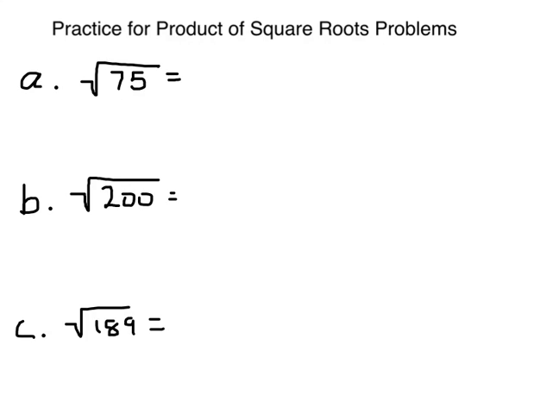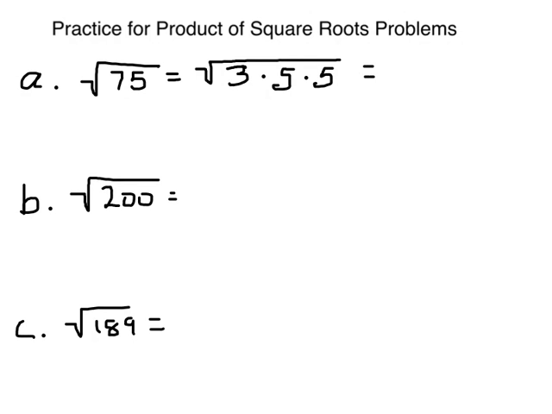Alright, so remembering that, let's go ahead and do some square root problems. So the square root of 75, if we break that down into our product of primes, we know that 75 is divisible by 5, and it's 5 times 15. 15 is 3 times 5 times 5.